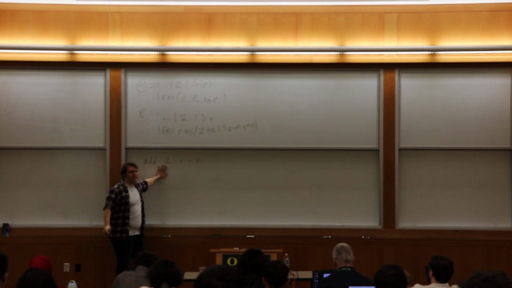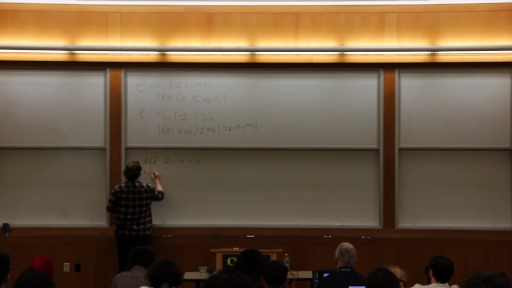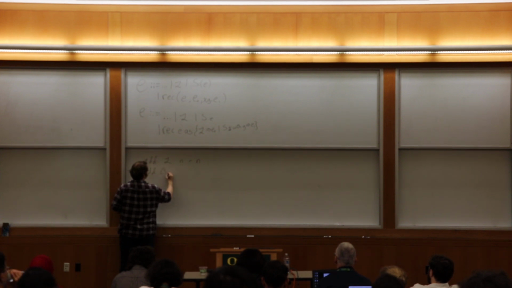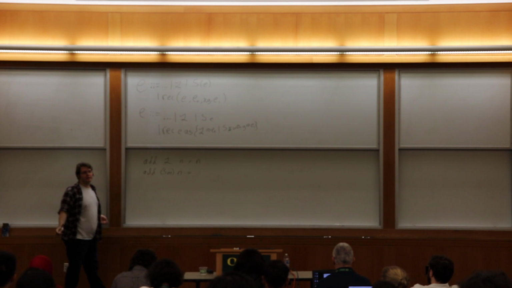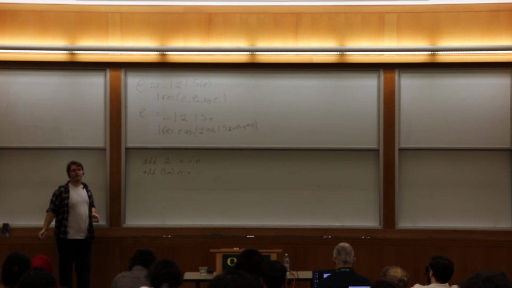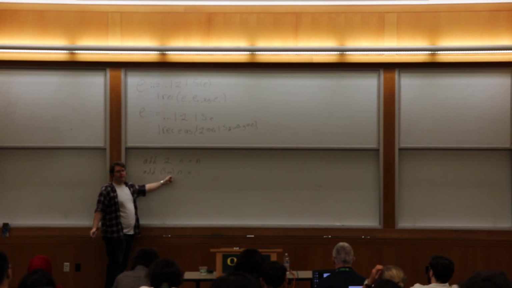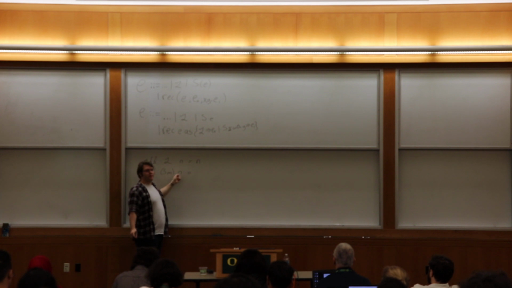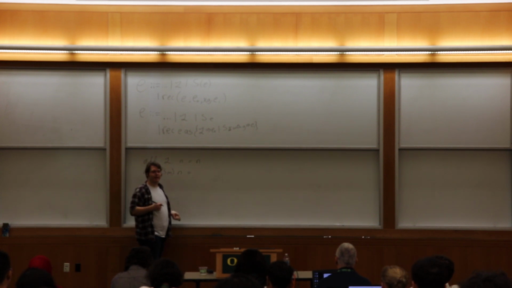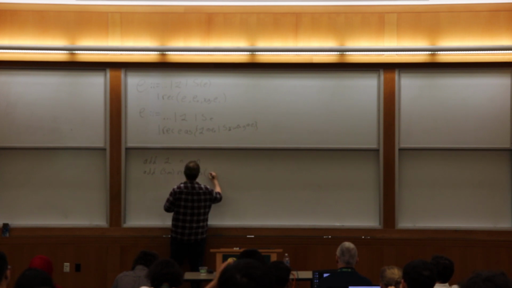So my first argument might be 0, but probably it won't be. So I've got another case to consider. Add successor of m to n. And what's that going to be? We want to make a little bit of progress. So if I'm adding 1 plus m to n, then the result should be 1 plus n plus m. We're just sort of switching that parenthesis around. So this is equal to successor of m.